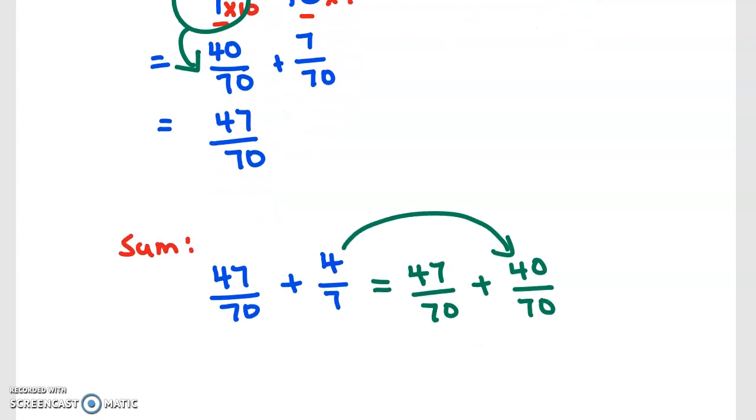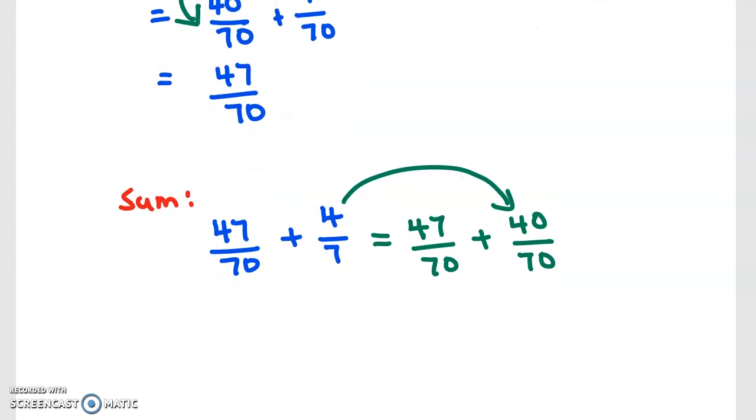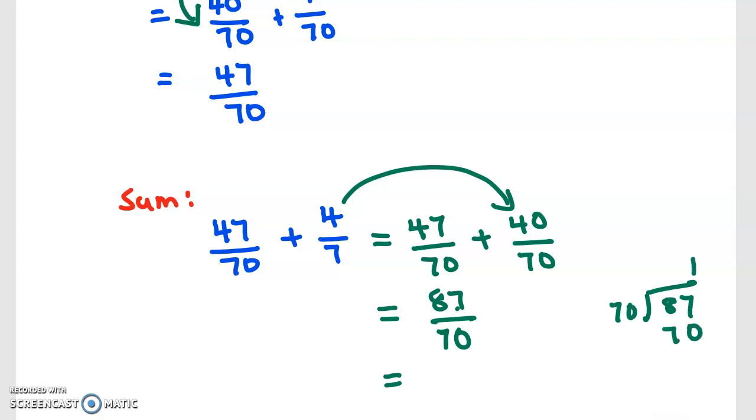Now we can proceed to add the two fractions up. You will get 87 out of 70. Now this is an improper fraction and we have to make it into a mixed number. So we must do the division, and you will get the numerator as 17.